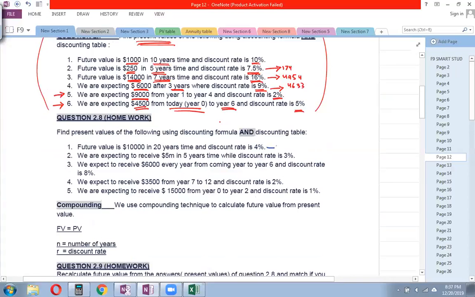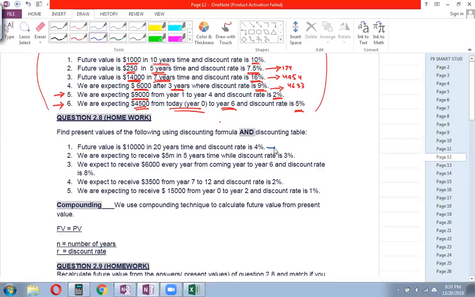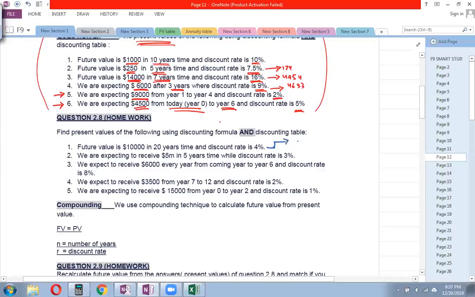The answer for the first one is 4564. The answer for the second one is 4.3 million. The answer for the third one is 27738.